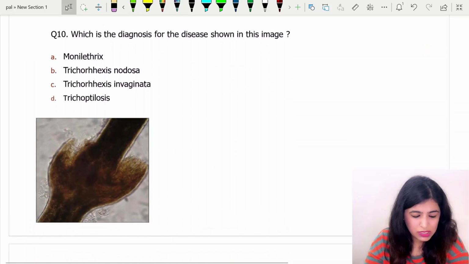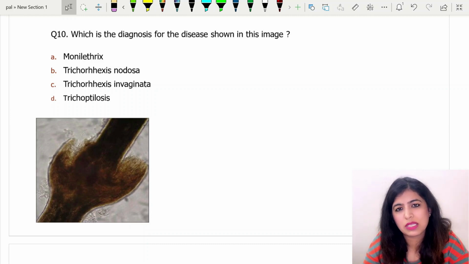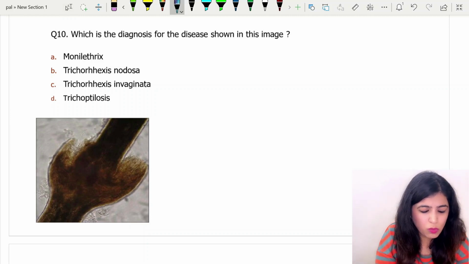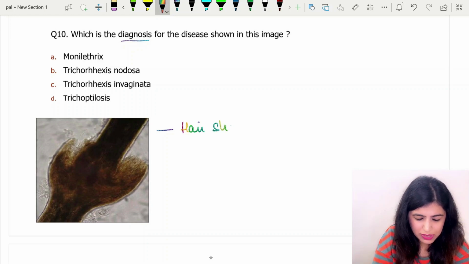Moving to question number 10. This was a difficult question. I agree, because it's not something that we study on a very common basis, but I'm glad I had discussed this with my students. So what is the diagnosis for the disease shown in the image? What do you see in the image here? In the image, you see that this is a microscopic picture of the hair shaft.